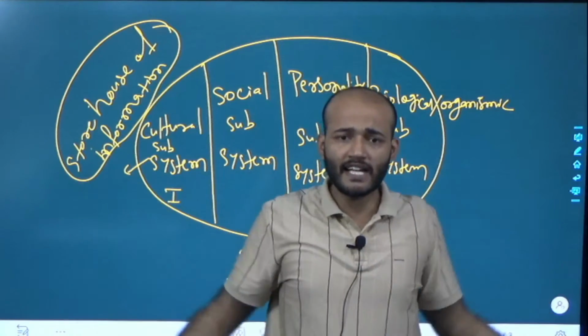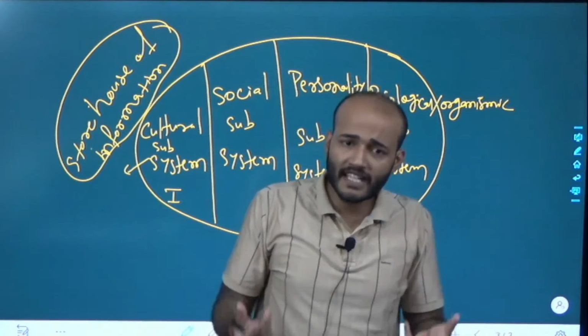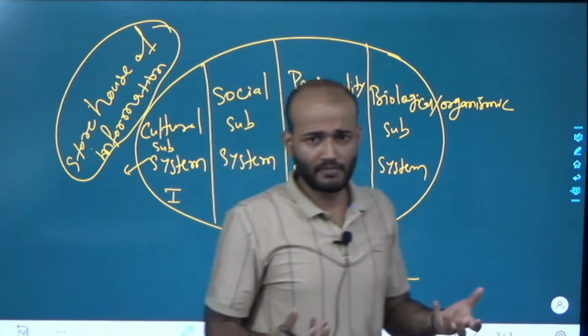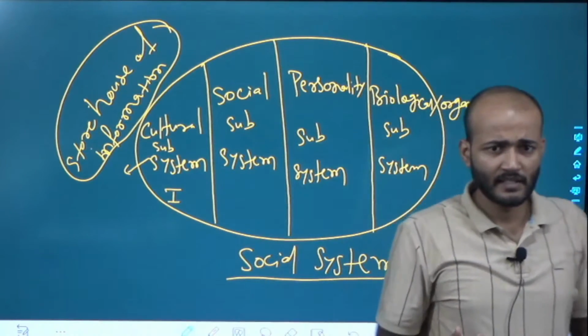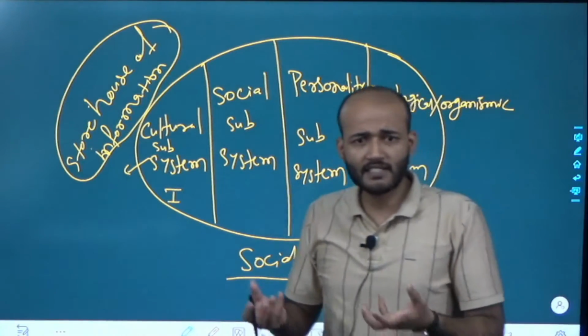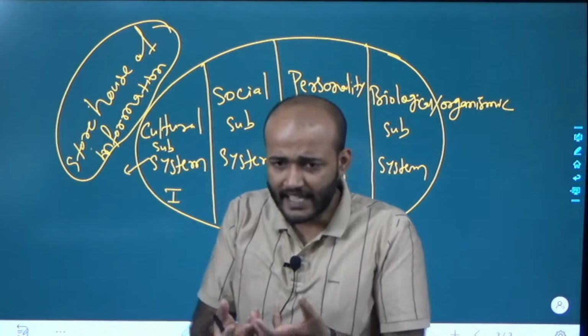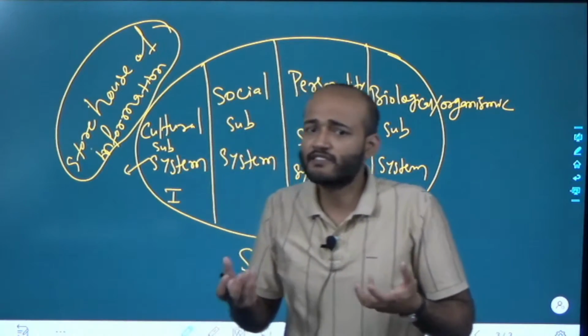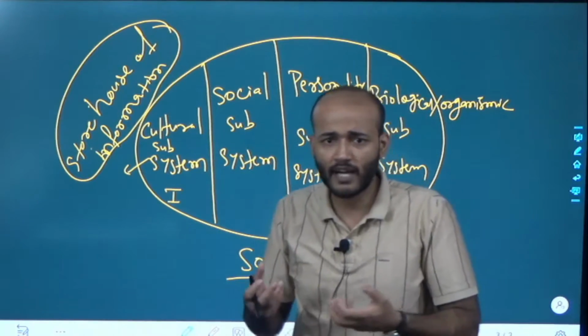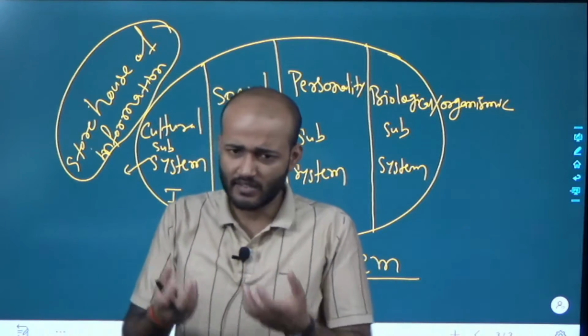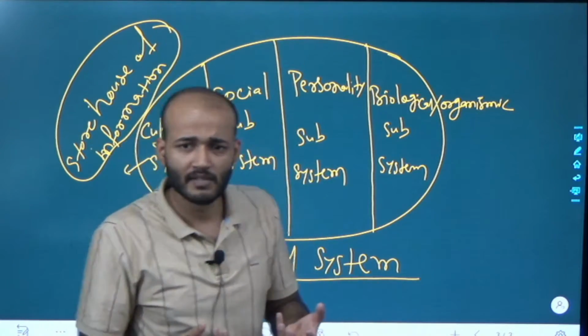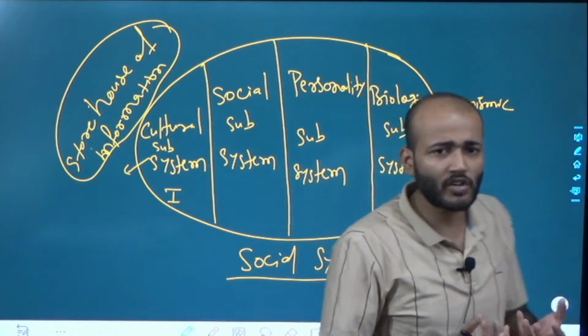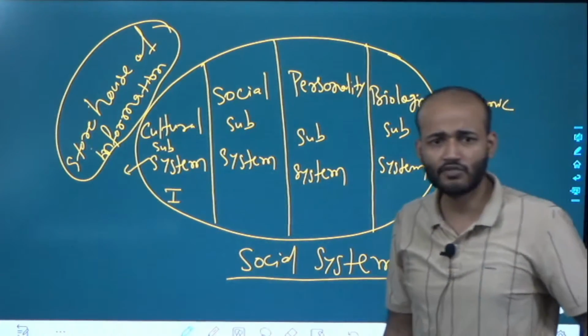Within the big society there are certain groups, organizations and institutions. That also acts as a social system, which we call a subsystem or secondary social system.